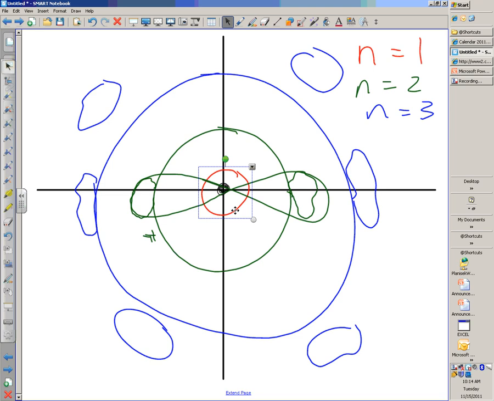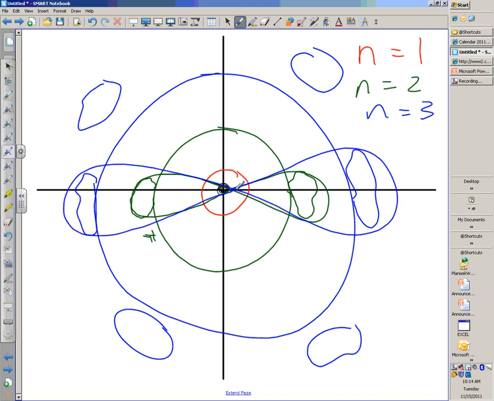It's just a general kind of area. Technically, where could we find electrons? I can find them anywhere on this picture, but we find them more often in certain spaces. More often either on this blue ring or within this blue figure eight shape.